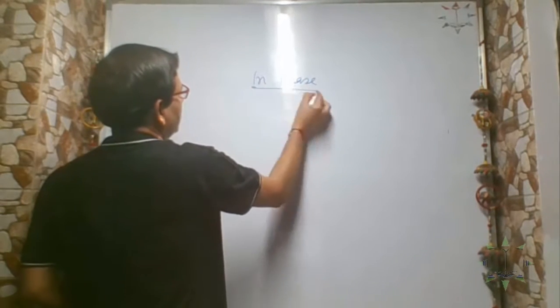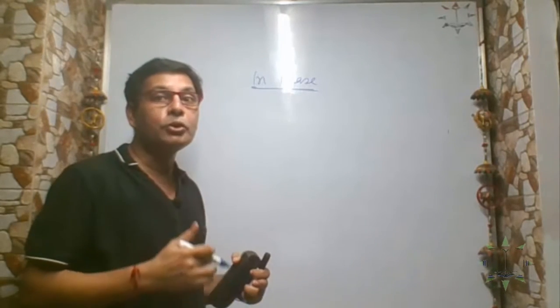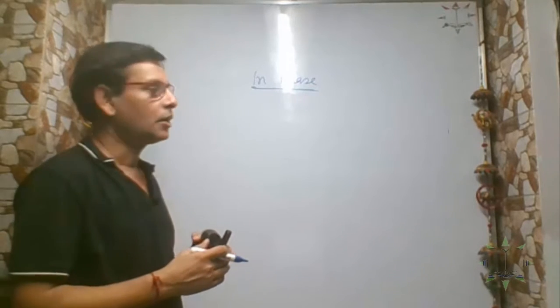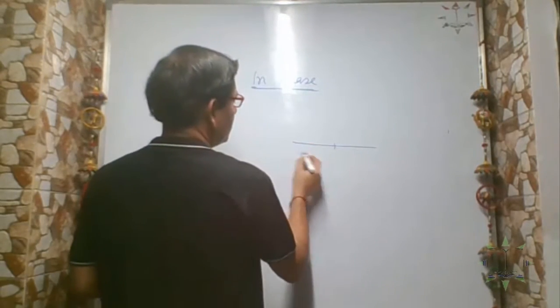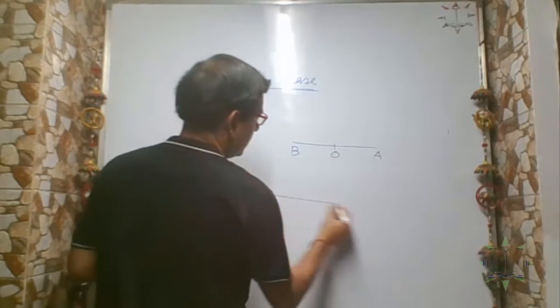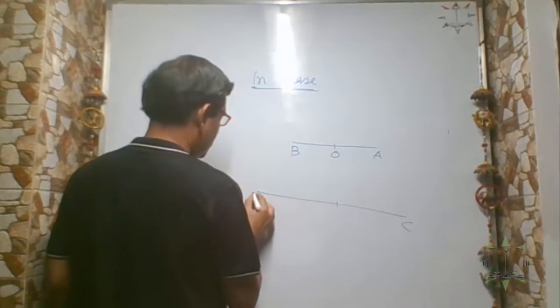Now whenever you say in phase or out of phase, it means there is more than one simple harmonic motion in execution. Suppose there is a particle moving in this path AB, and another particle moving in the path CD. Its amplitude is different.